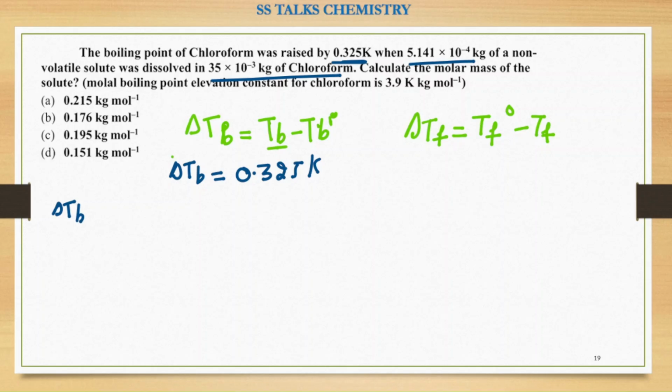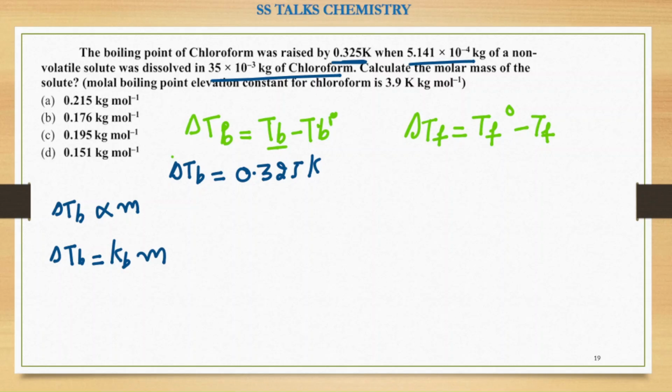Okay. Just like for the depression in the freezing point, the elevation in boiling point is also proportional to the molality of the solution, and removing this proportionality, you get the ebullioscopic constant. Kf was called either the depression in freezing point constant or the cryoscopic constant. This is called the ebullioscopic constant, or the elevation constant of the boiling point, into the molality.